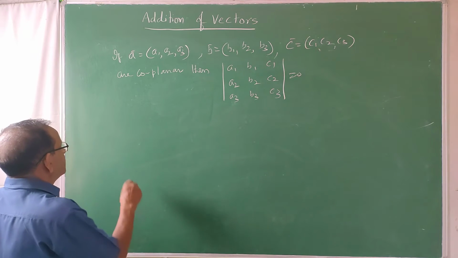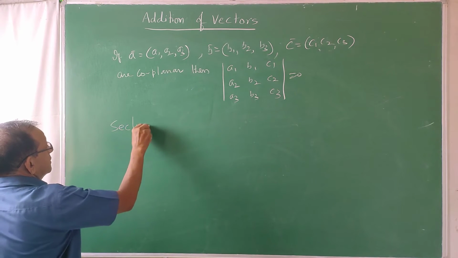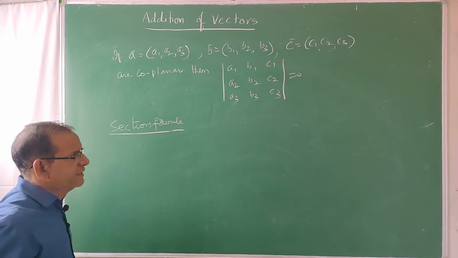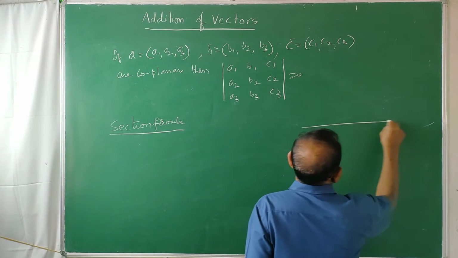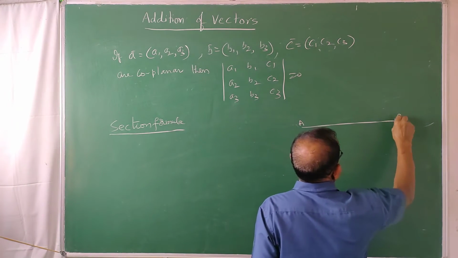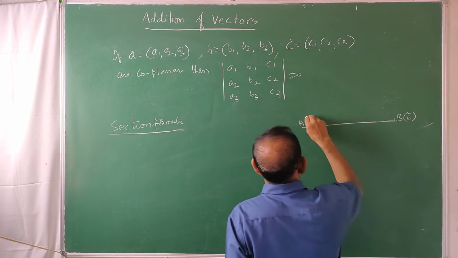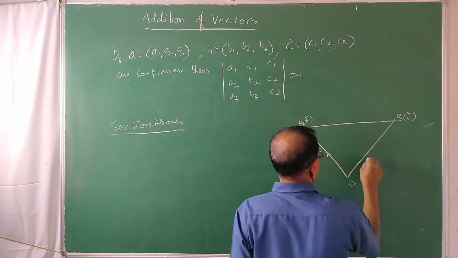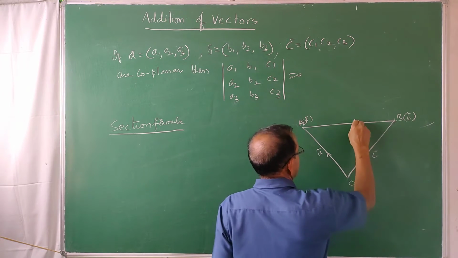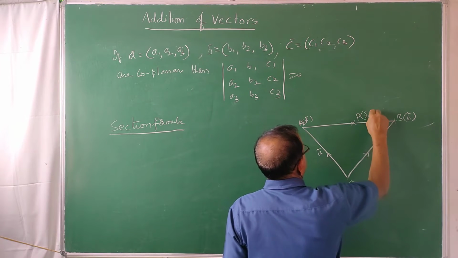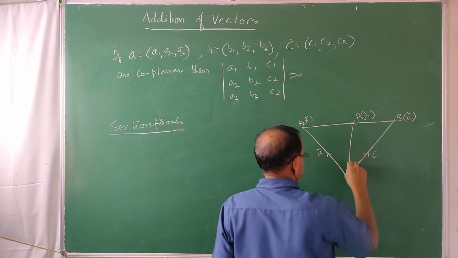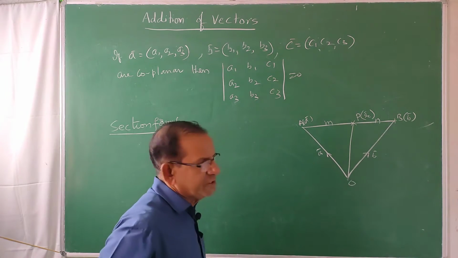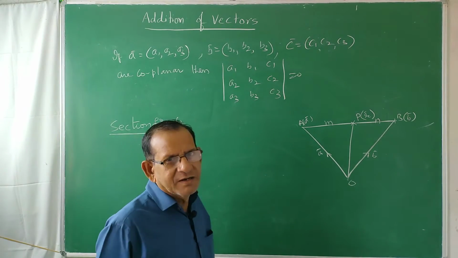Next one, the section formula. Just like in coordinate geometry, here also, suppose there are two points A and B, whose position vectors are a bar and b bar with respect to some point O. Now there is some point P on that line with position vector r bar. It is dividing AB in the ratio m:n internally. What is OP bar?